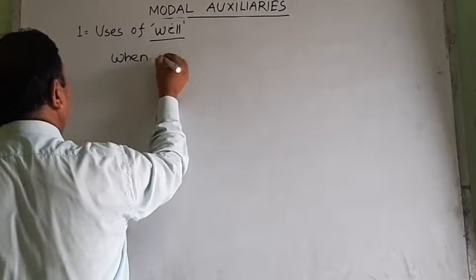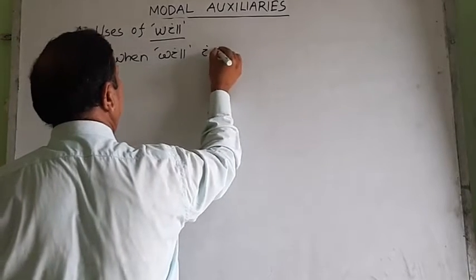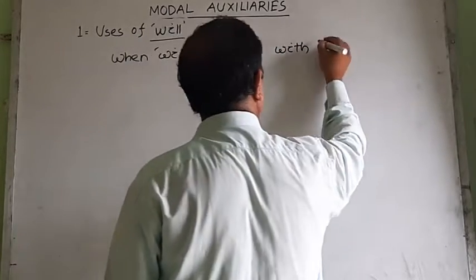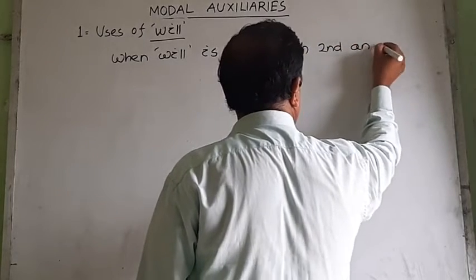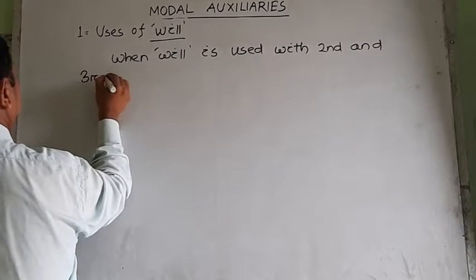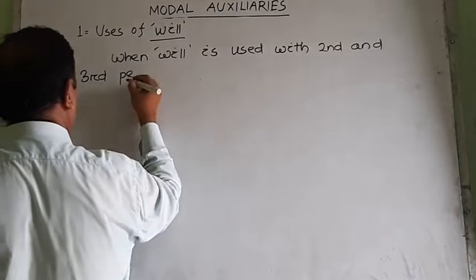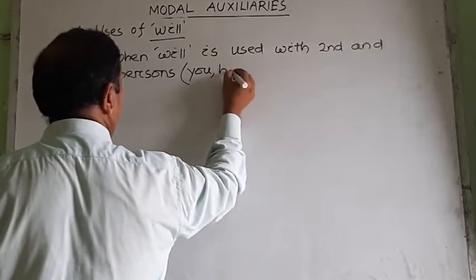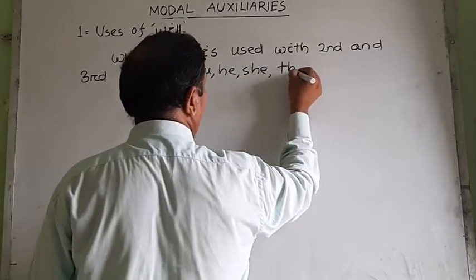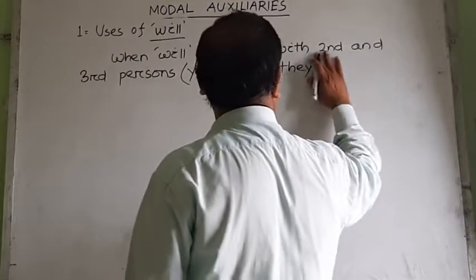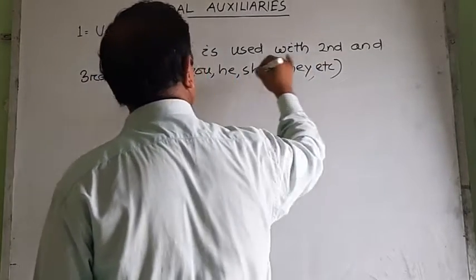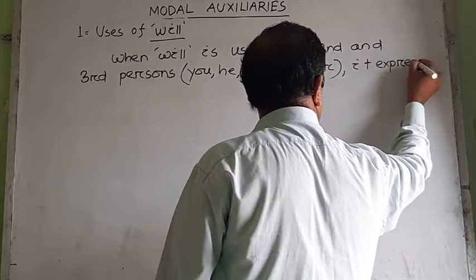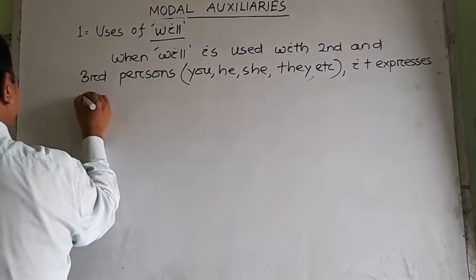When will is used with second and third persons, both in singular and plural, third persons, that is you, he, she, they, etc. So when will is used with second and third persons, comma, it expresses simple future only.